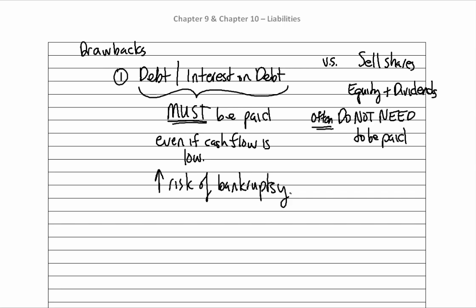Right? It makes it more risky for the company to exist. When you have debt, it's riskier because you have to pay the debt and you have to pay the interest on the debt. Because the total amount of debt has to be repaid at the maturity date, right? Shareholders' equity never has to be paid. We don't give money back to the shareholders unless we want to, often.